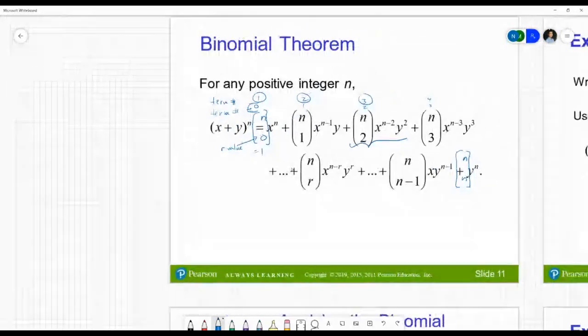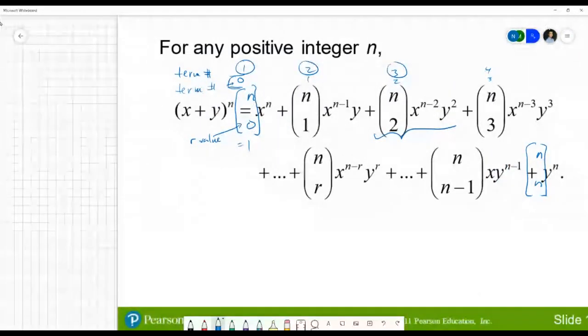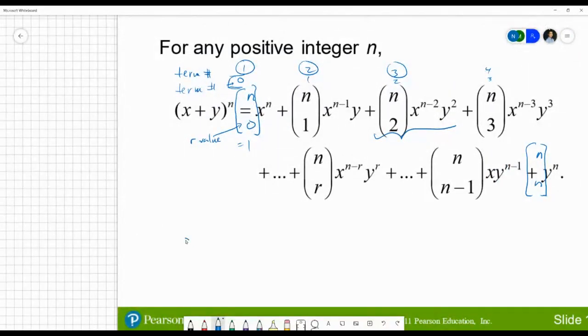Okay, so let's look at the pattern here. You have (x + y) raised to the n is equal to n choose r, x to the n. But look at how the n value is different, right?